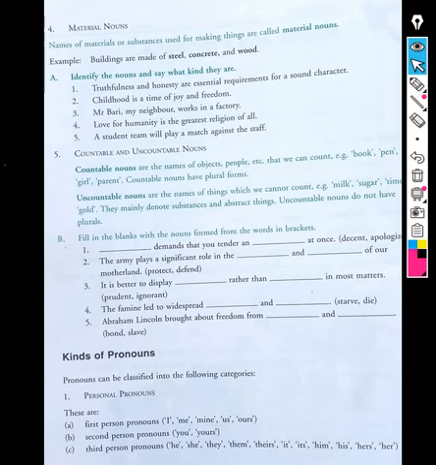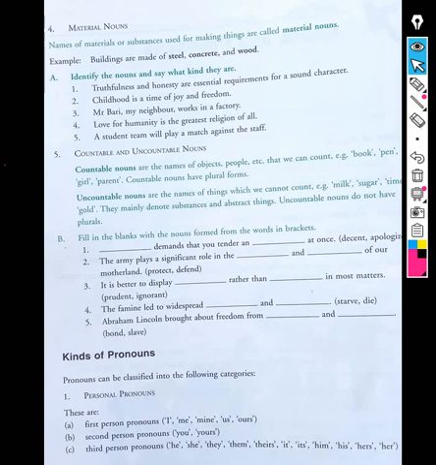Third person pronouns are he, she for singular, they for plural. Then them, from they, is the objective case. Theirs, from they, possessive case. It, its. Him is the objective case of he.